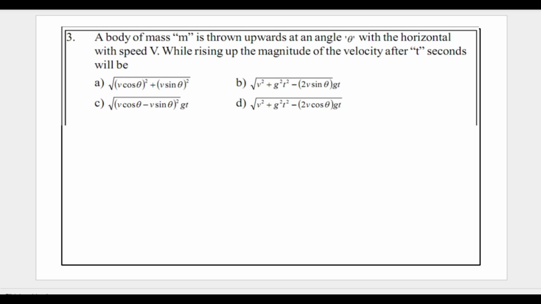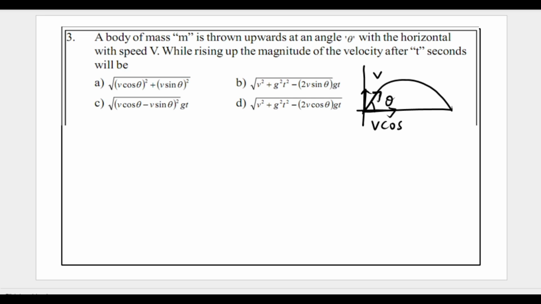See here, a body of mass m is thrown upwards at an angle theta with the horizontal with speed v. While rising up, find the magnitude of velocity after t seconds. So resolve this velocity into two components, one along x and one along y.